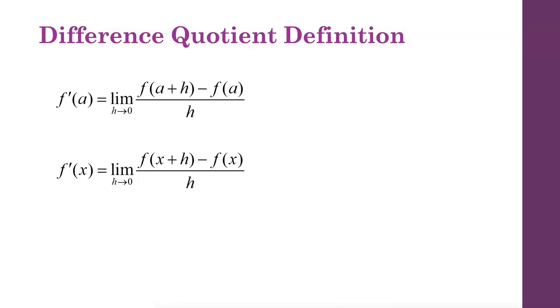The other fact we want to be careful with is that the domain of the derivative is the set of all the x's where f prime exists, and it may be smaller than the domain of the function f itself.